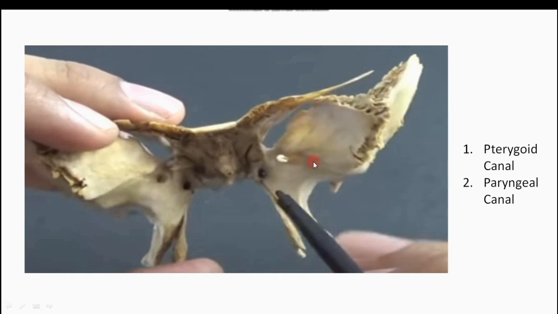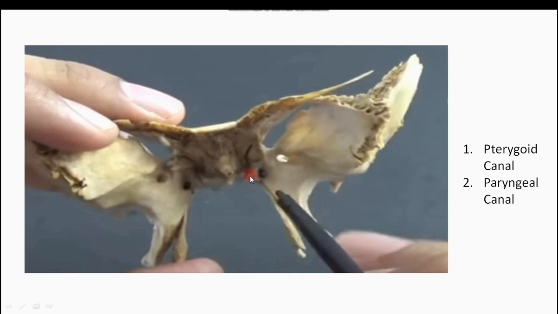And two canals that I want to show you here, which are important for the topic and very difficult to find in an easy way in the textbook. First, this one is the foramen rotundum, and this one is the pterygoid canal.